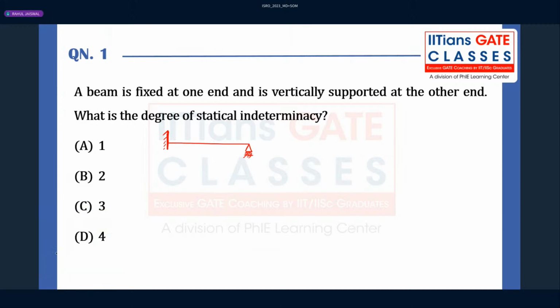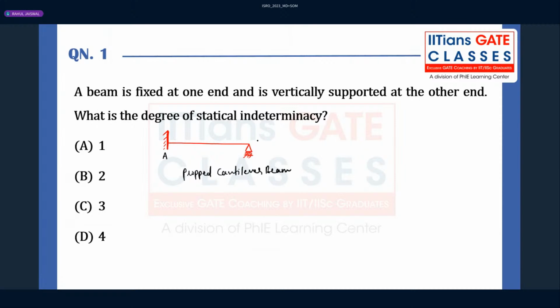So you know that this is nothing but a propped cantilever beam. This is the example of a propped cantilever beam. The beam is fixed at one end.